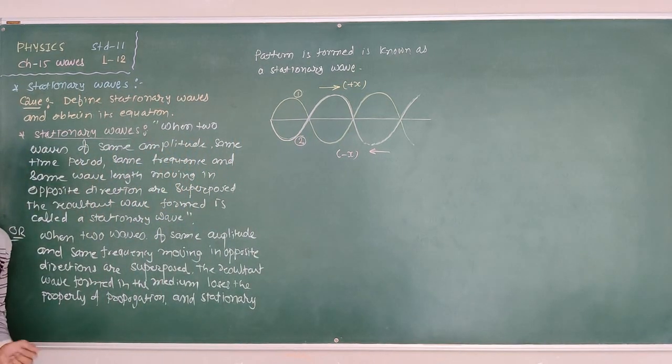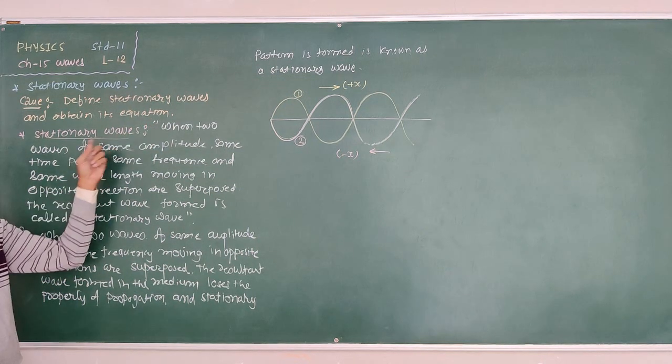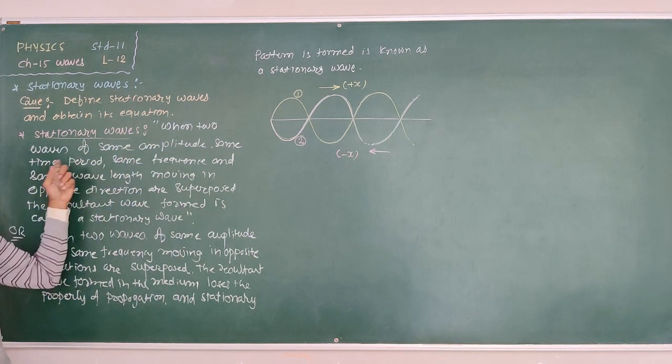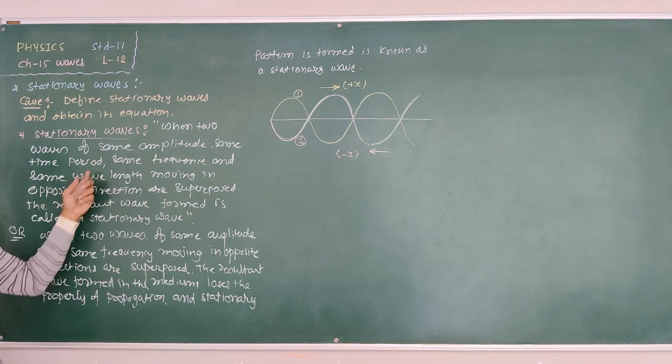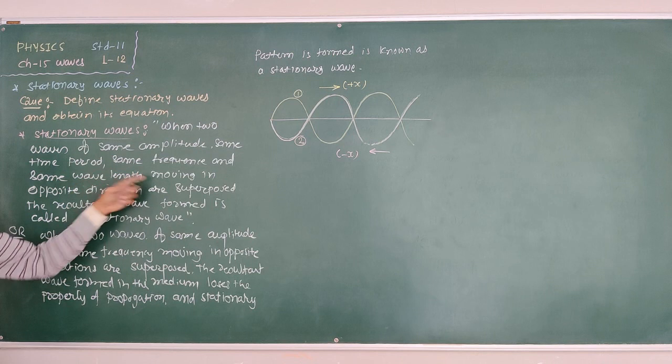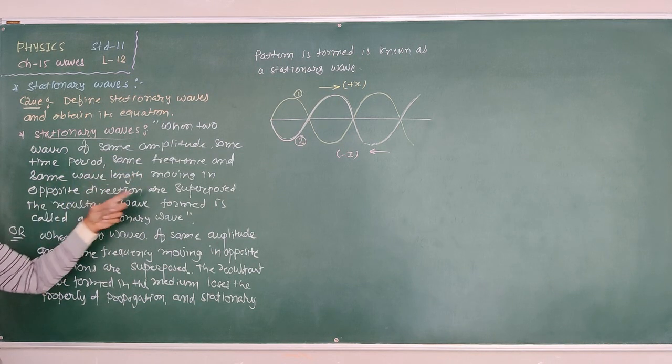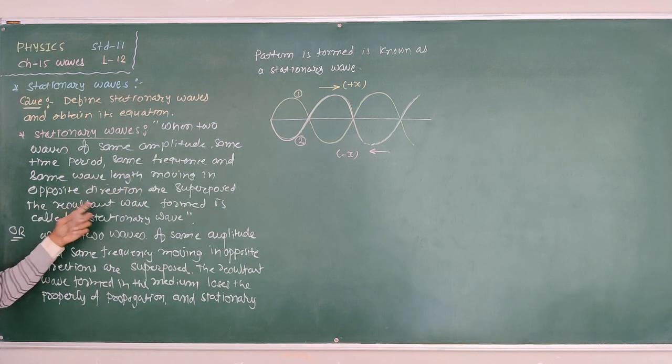Again the definition: when two waves of the same amplitude, same frequency, same time period, same angular frequency and same wavelength moving in opposite direction are superposed, the resultant wave formed is known as the stationary wave.